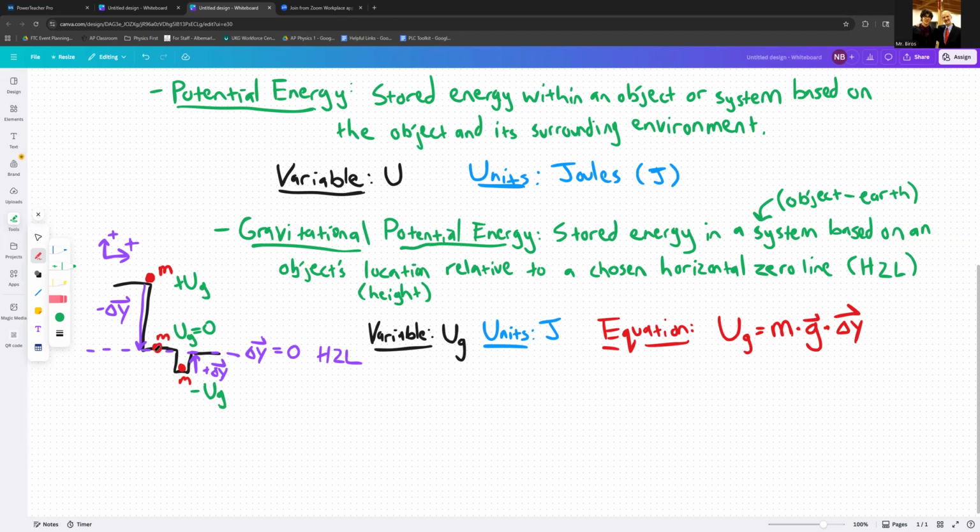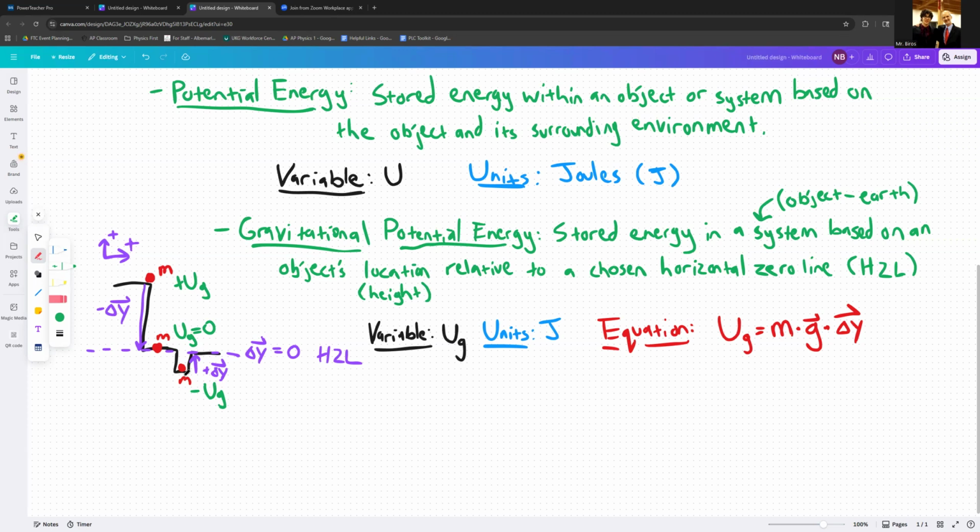The gravity is not going to cause it to go to the horizontal zero line. It's already there. There's no change that would happen there. This one, if we wanted some form of change or if we wanted to move this object to the horizontal zero line, not only is there no potential for gravity to do that, it would require some additional input or additional force from a person or whatever lifts it up to the horizontal zero line.